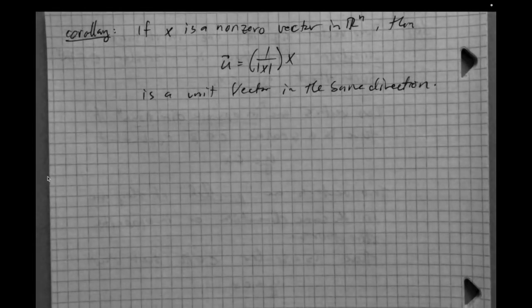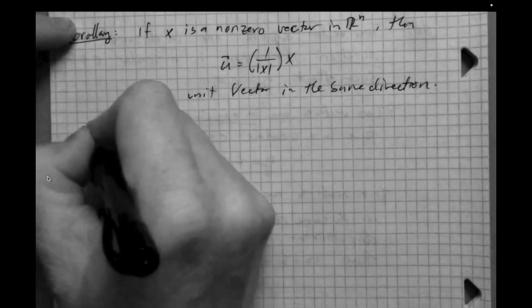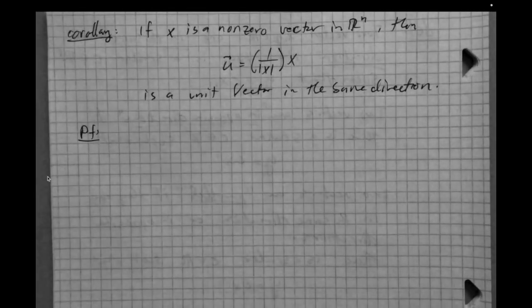So if you've got some vector x and you want to normalize it, you can just multiply it by the reciprocal of its norm. Okay, so let's prove this. This is a simple proof that uses what we just talked about.